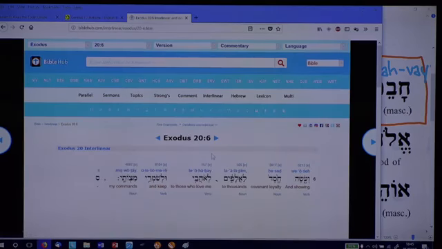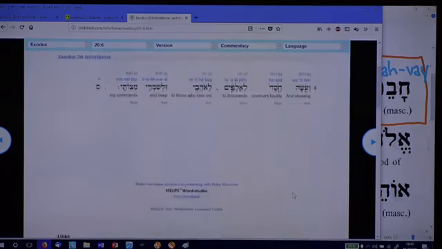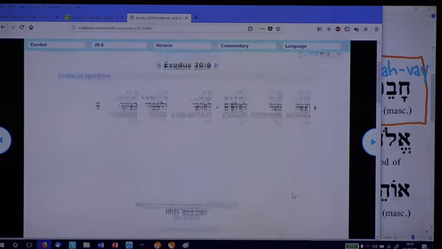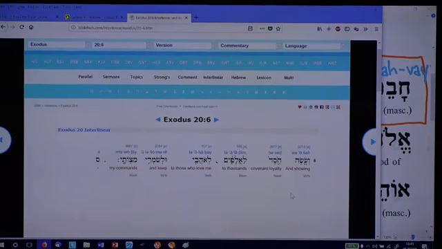Okay. So we read that, and I think the English says, where's the English? I don't have the English. Okay, it says showing, oh, this isn't the NIV. Okay. But in the NIV it says showing love to thousands of those who love me and keep my commands.